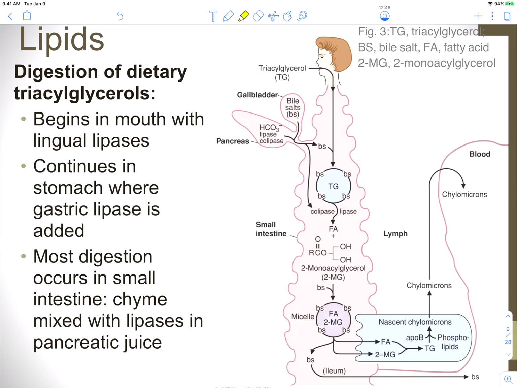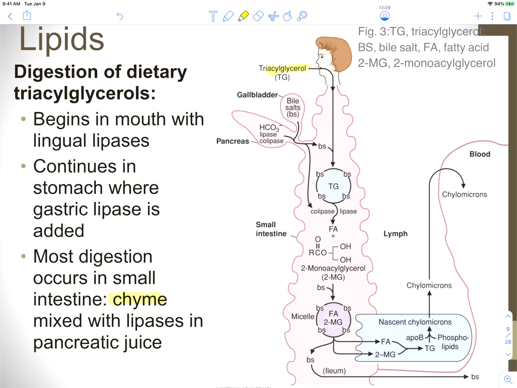So your lipid digestion is going to begin in the mouth, and again, that's going to be with that lingual lipase, and it's going to continue in the stomach, where you have your gastric lipase. And then most of the digestion, however, is going to occur in the intestine, in which you have what's called chyme.